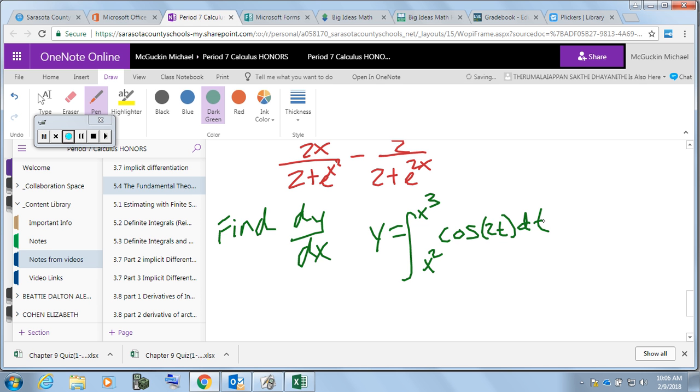To show you what the answer should look like, we should be seeing 3x squared cosine of 2x cubed minus 2x cosine of 2x squared. Alright, ladies and gentlemen, give that one a shot, and on to the next one.